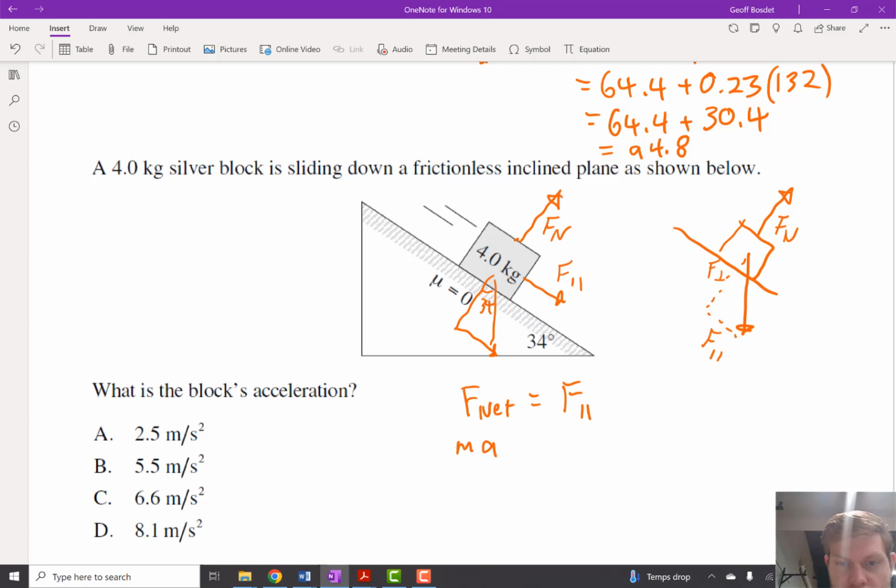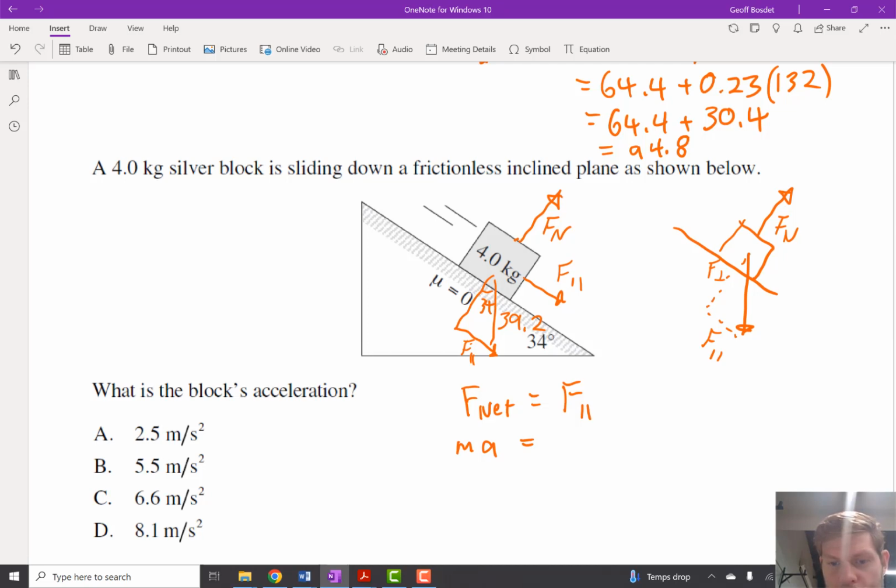So M times A is going to equal my F parallel, which to me looks like 4 times 9.8. 4 times 9.8 will be 39.2 times sine theta, because I want my parallel, and that is opposite this.